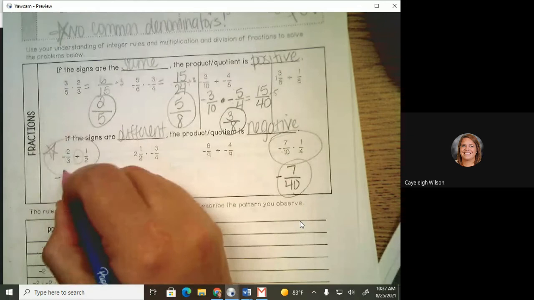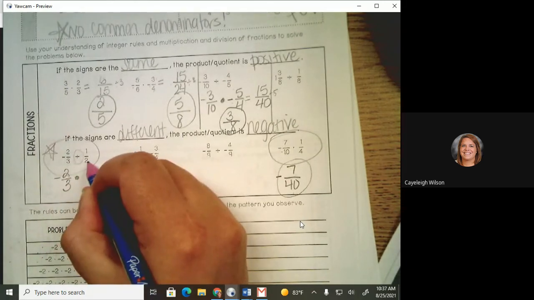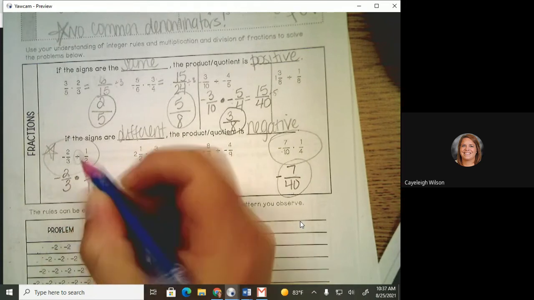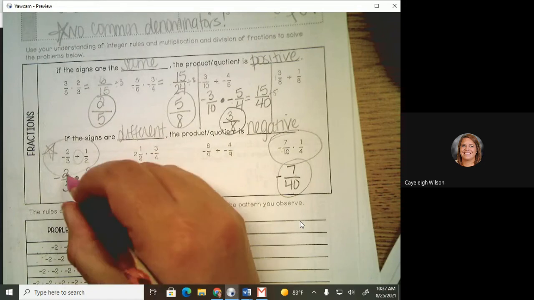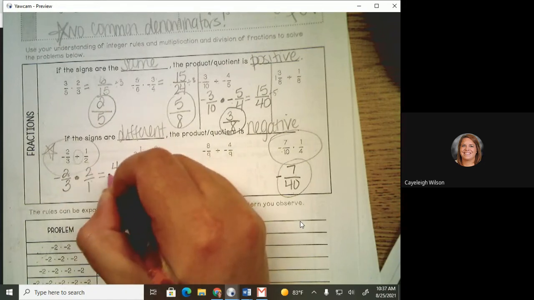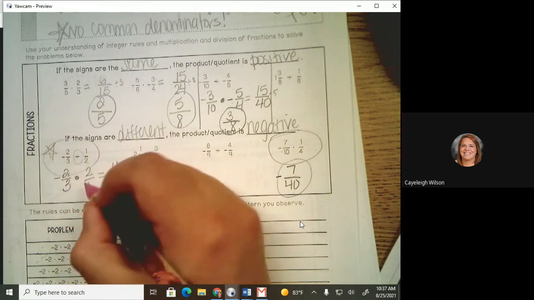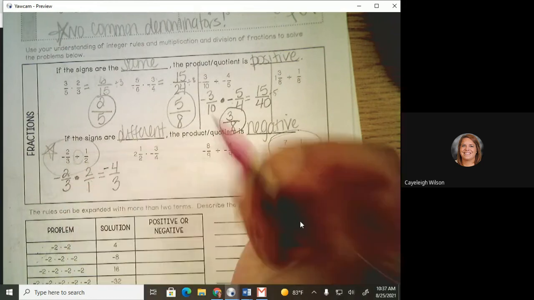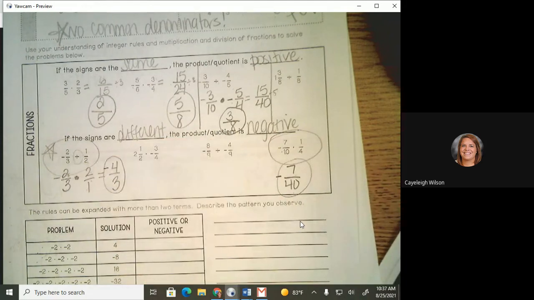So I keep the first one, I change it to multiplication, and I flip the second one. Keep, change, flip. And then I multiply straight across the top. 2 times 2 is 4. Straight across the bottom, 3 times 1 is 3. A negative times a positive is a negative. And 4/3 does not reduce, so that's it.